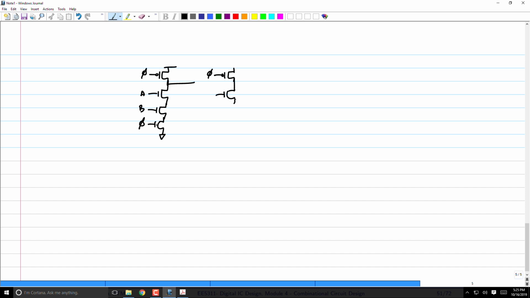This is my inverter. This is my footer clock. Y. I want Y equal to A into B. This is what I want it to behave like. Will this circuit work?